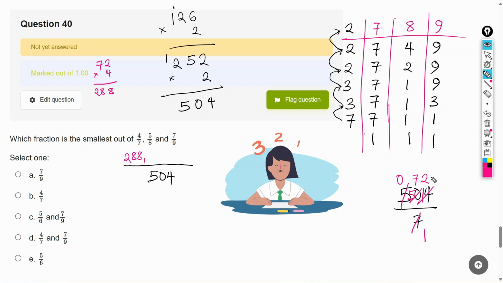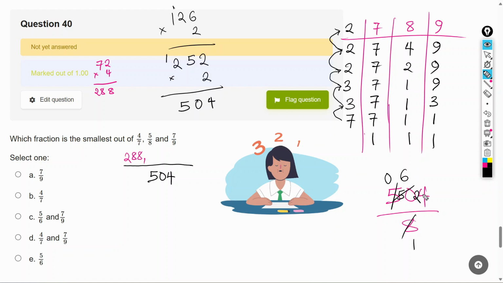Now let us divide 504 by 8. 504 divided by 8. We can go directly with 8. 8 into 8 is 1. 8 into 5, it cannot go, so 0 carry 5. 8 into 50 is 6.